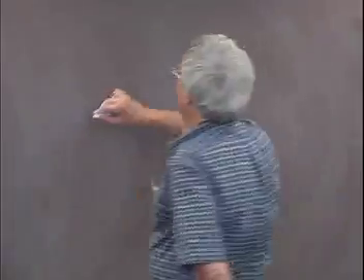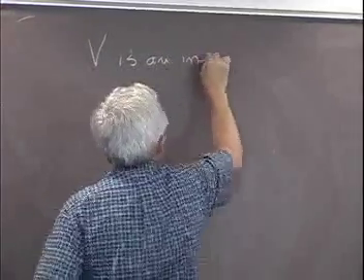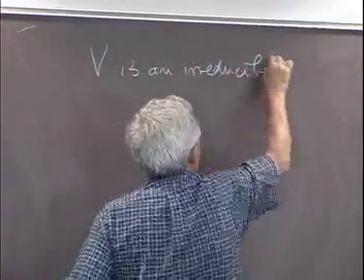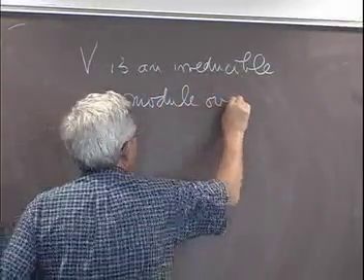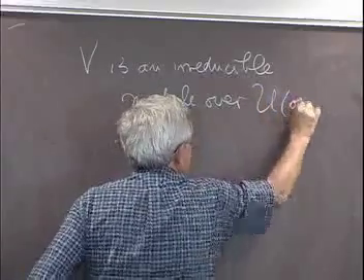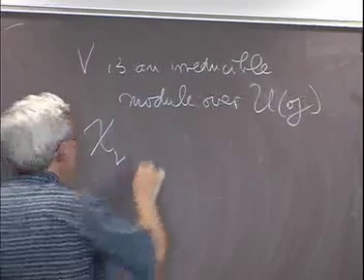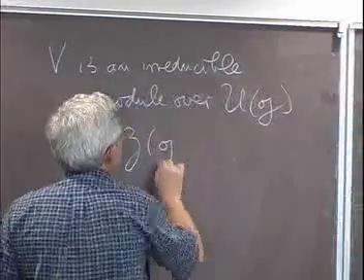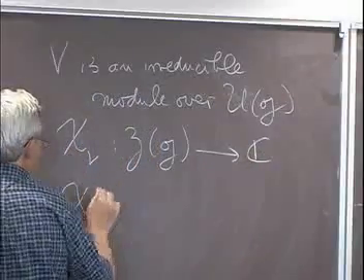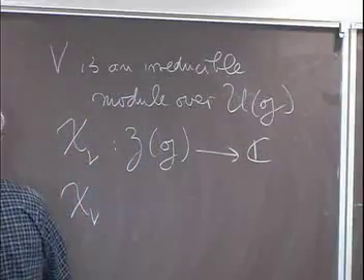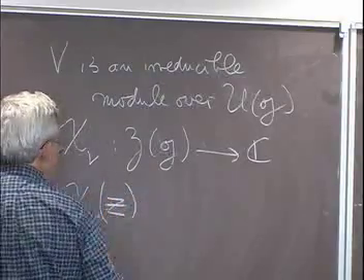If V is an irreducible module over u of g, then Peter said that it has an infinitesimal character, chi_V, from z of g into complex numbers, such that z acts on our module V by multiplication by chi_V of z.